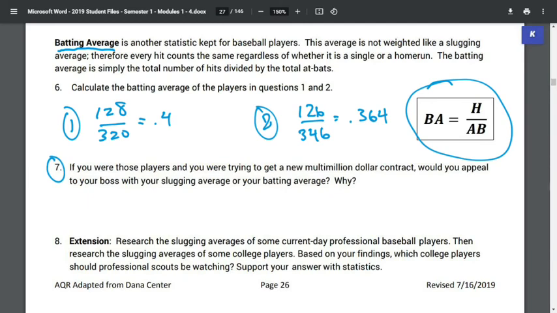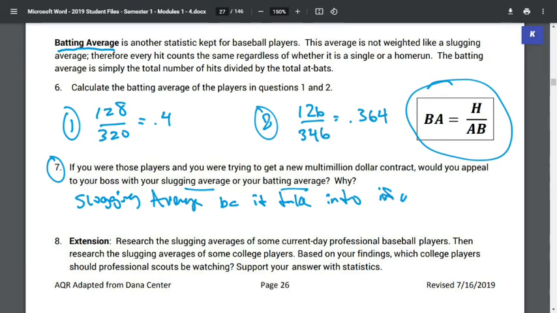It says, if you're a player trying to get a multi-million-dollar contract, would you use your slugging percentage or batting percentage? I think slugging percentage is going to be your best option here, because it takes into account different types of hits.